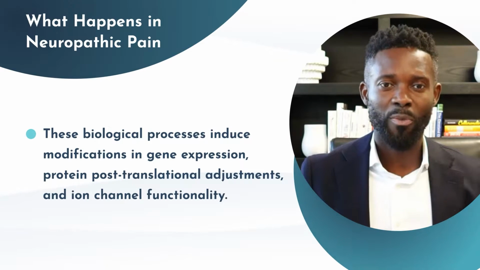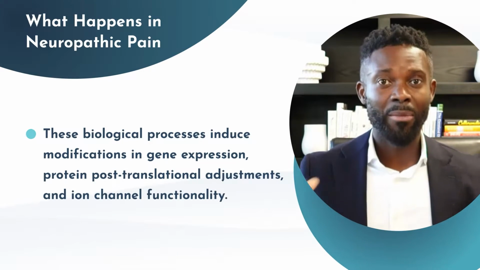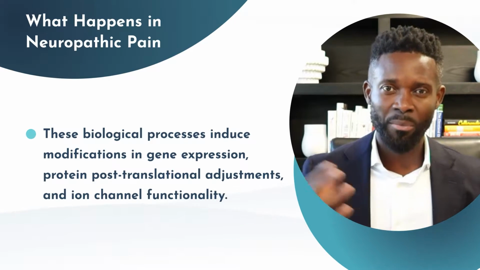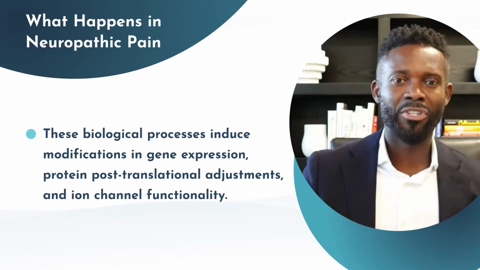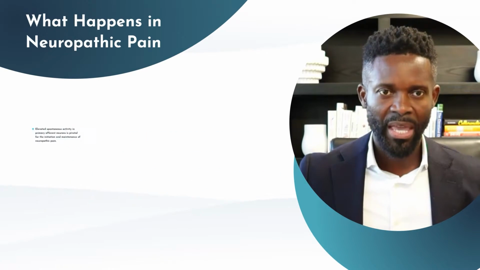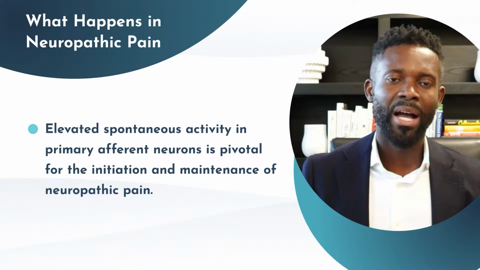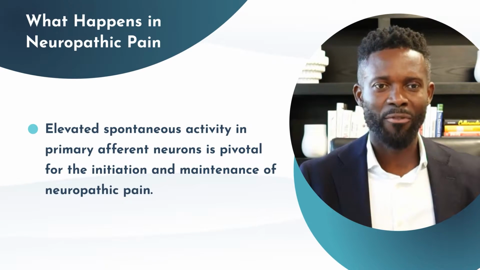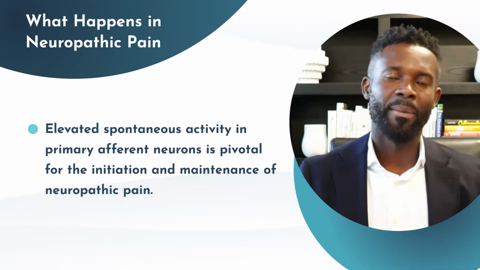From these biological processes, an inflammatory cascade is released that actually leads to modifications of how genes and certain proteins are expressed in the nervous system. And this can lead to more pain being perpetuated. When we have elevated spontaneous activity in the primary nerves, that takes the information to the nervous system.